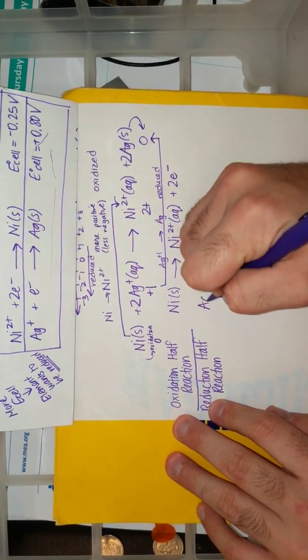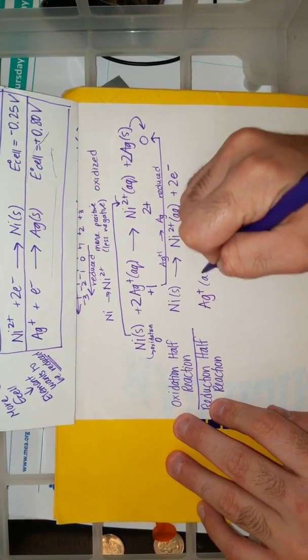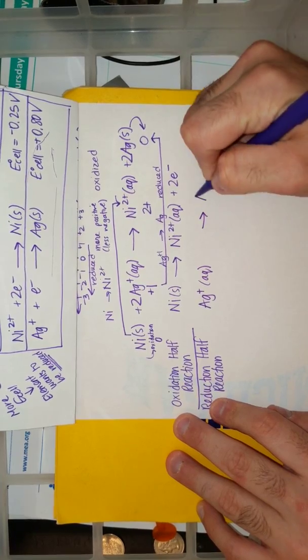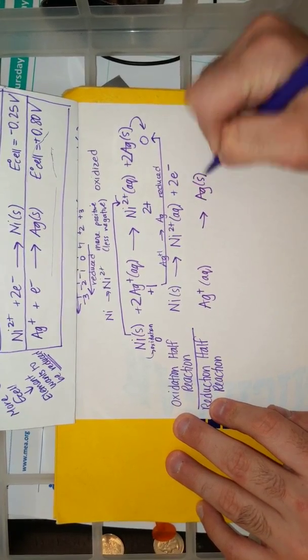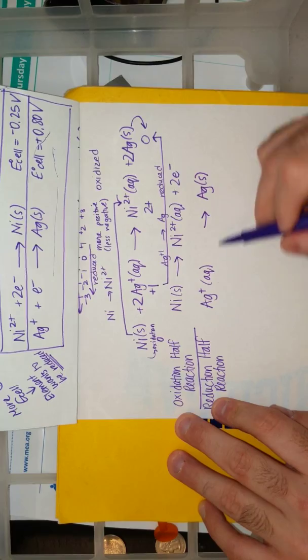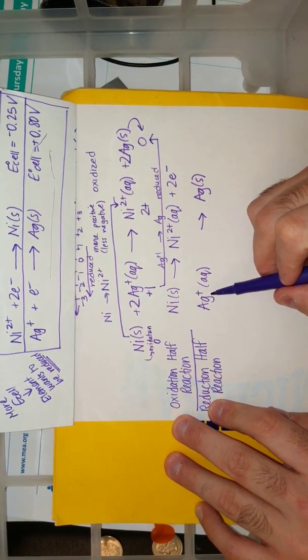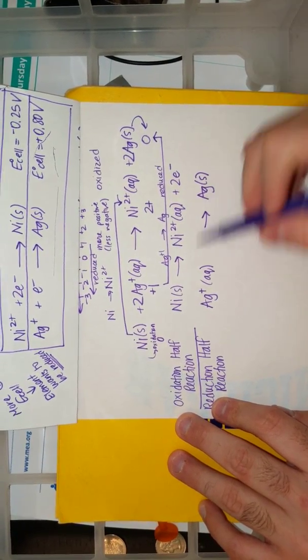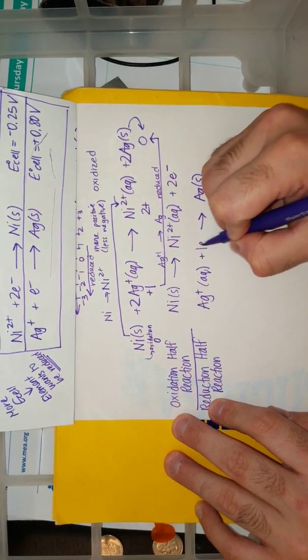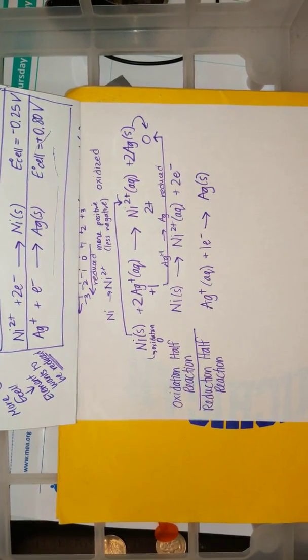I have Ag+ aqueous, and it became Ag solid. For this half reaction, I have positive 1 on the left side and 0 on the right side. I could say that I added 1 electron.